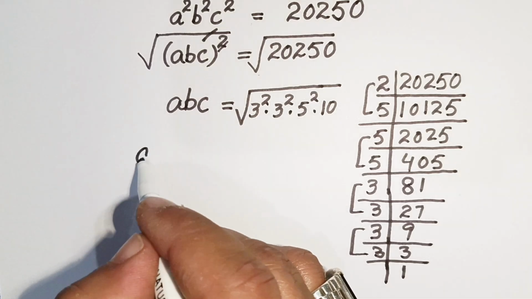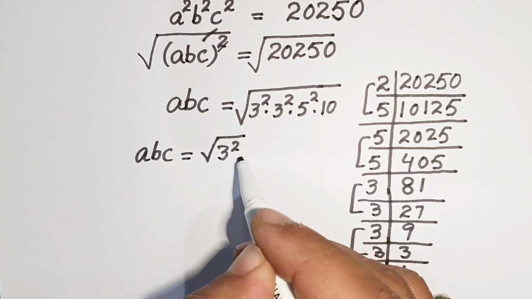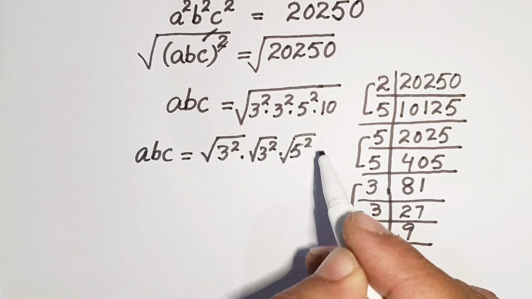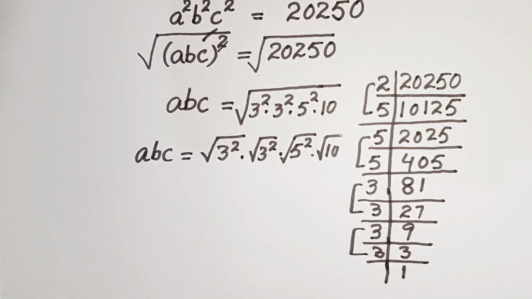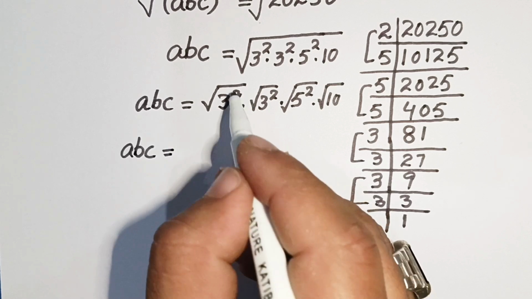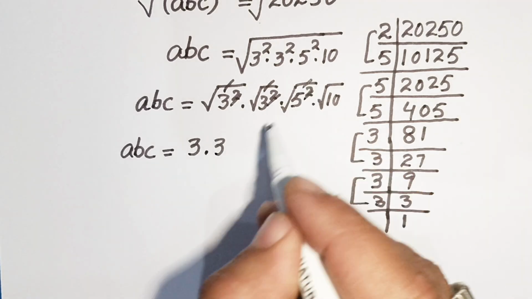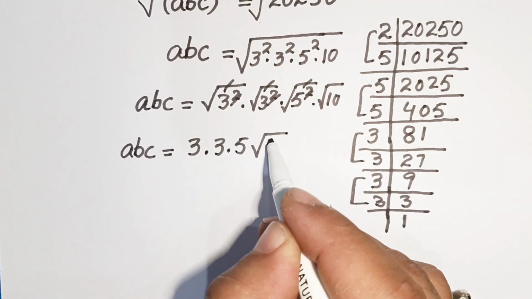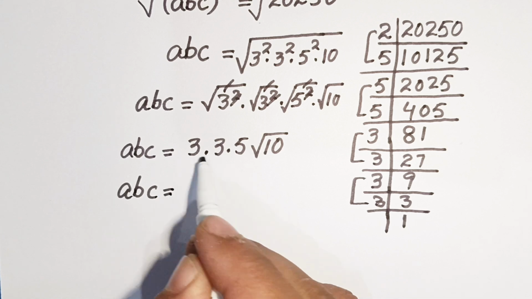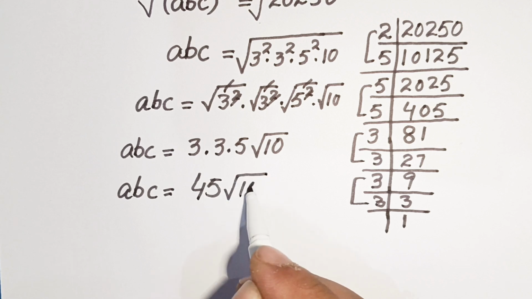Our next step is a times b times c equals the square root of 3 squared, times the square root of 3 squared, times the square root of 5 squared, times the square root of 10. Cancelling the squares with the square roots, we get 3, 3, and 5 times square root of 10. So 3 times 3 is 9, and 9 times 5 is 45, times square root of 10.